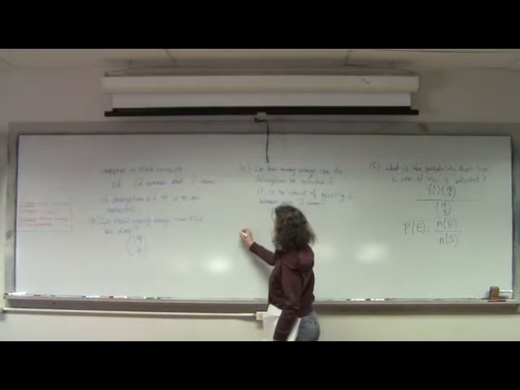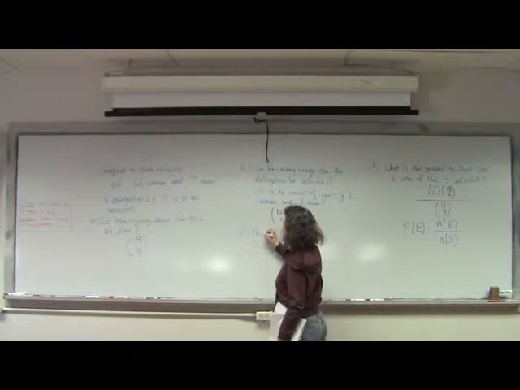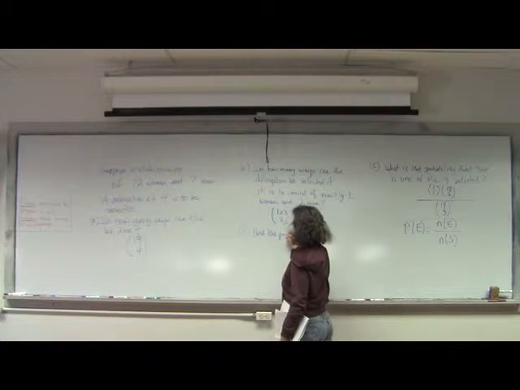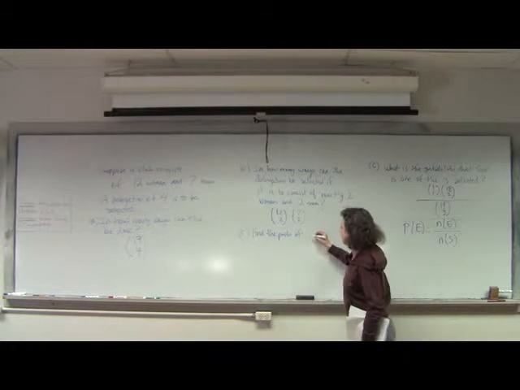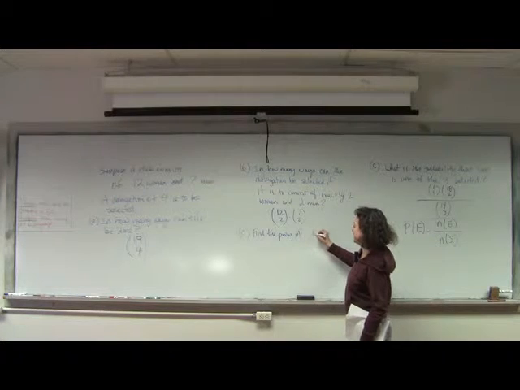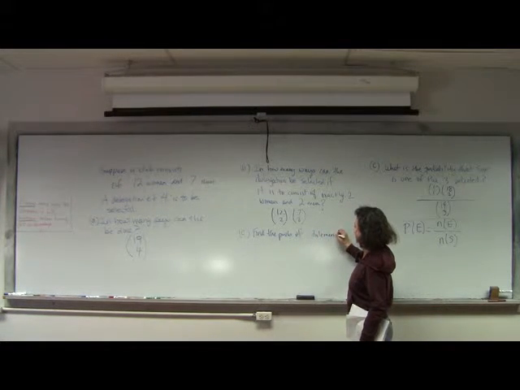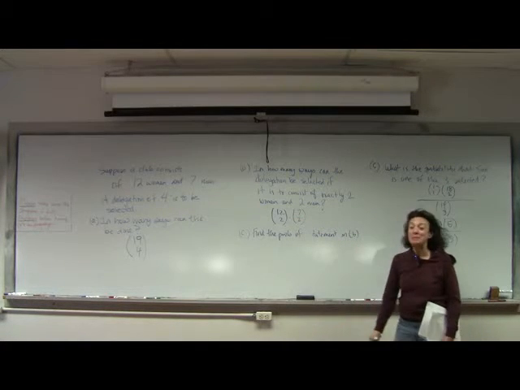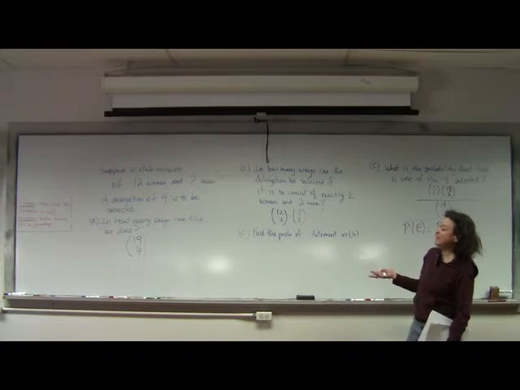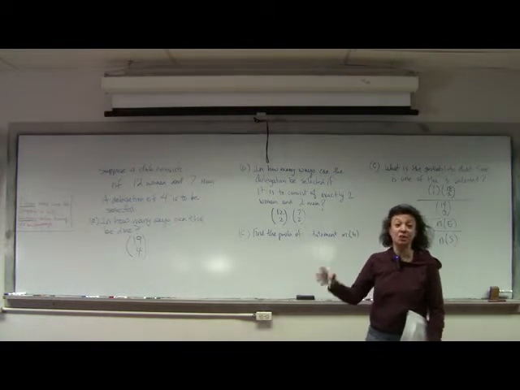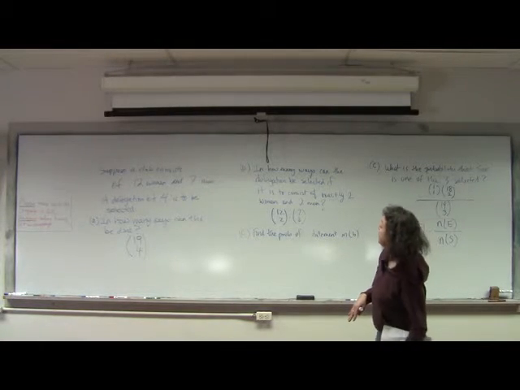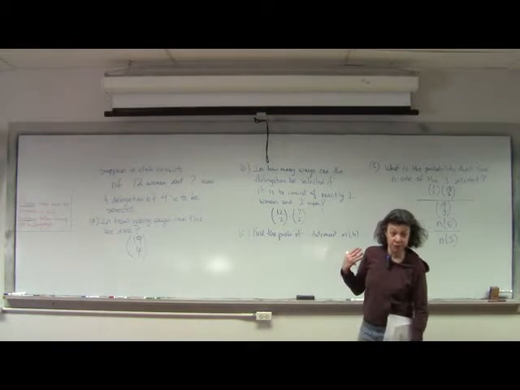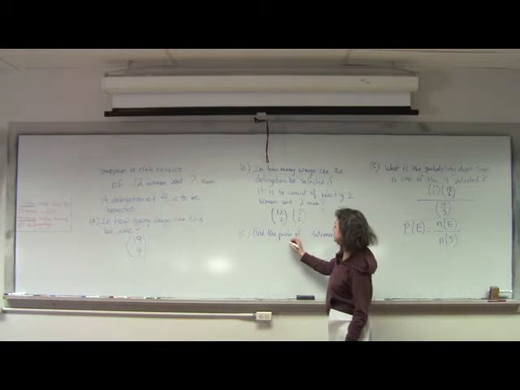All right, now let's find the probability of the statement in B. I'm getting lazy. In other words, we want to find the probability that the delegation consists of exactly 2 women and exactly 2 men. Well, in how many ways can we choose exactly 2 women and exactly 2 men?